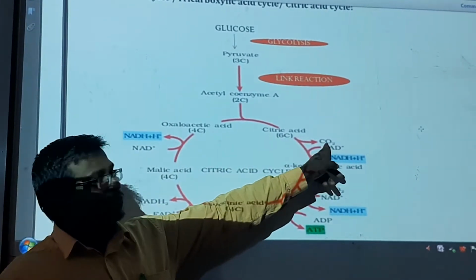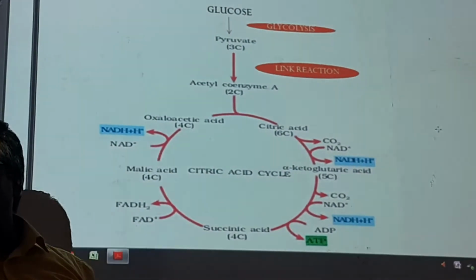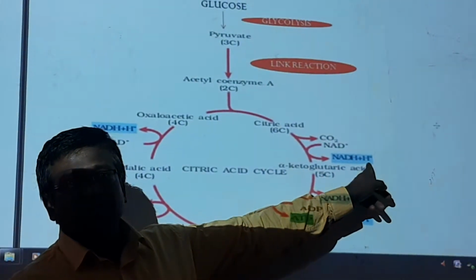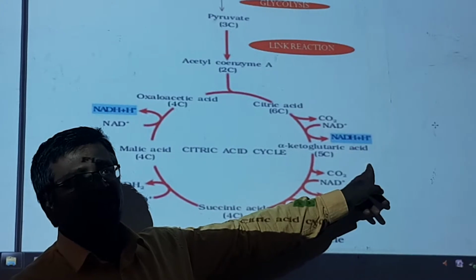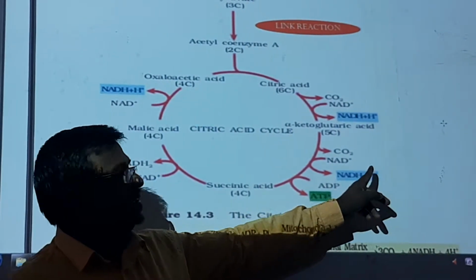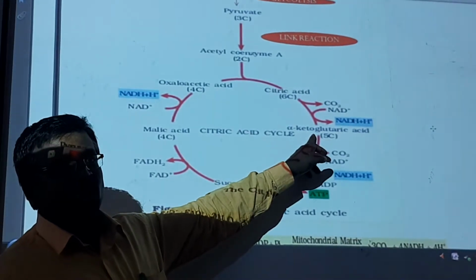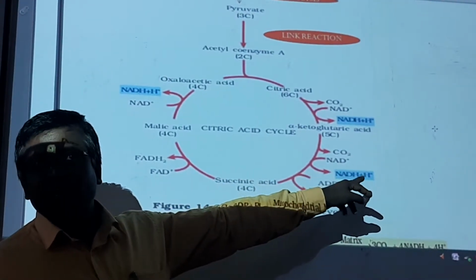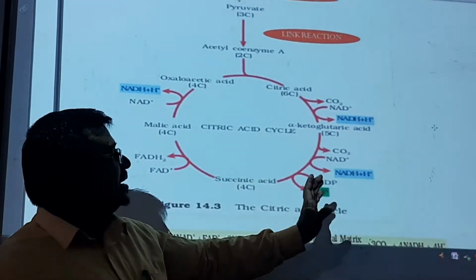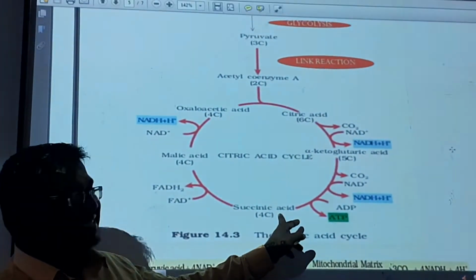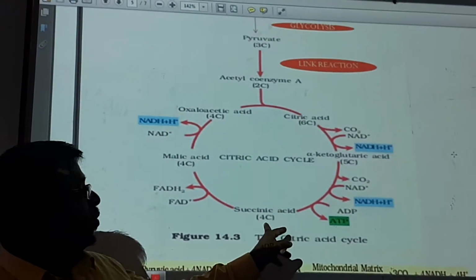Citric acid loses 1 carbon dioxide, so they have lost 1 carbon, and there is formation of NADH2. Then they form a 5 carbon molecule, alpha ketoglutaric acid. Alpha ketoglutaric acid forms succinic acid, which has 4 carbon atoms.